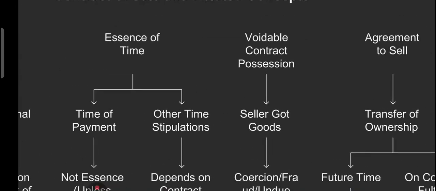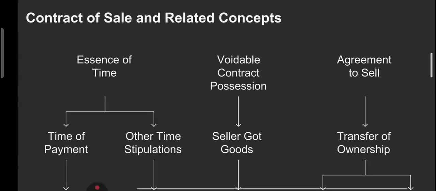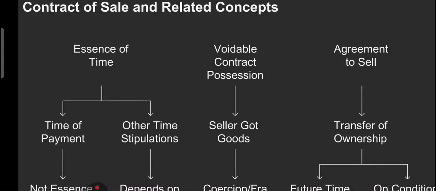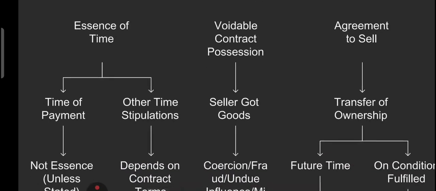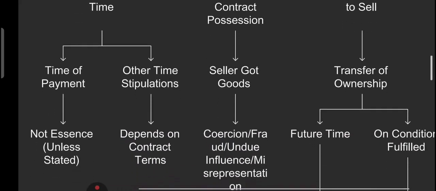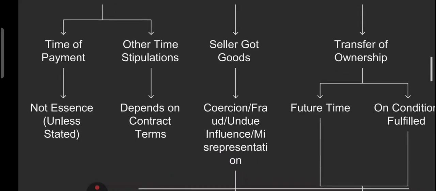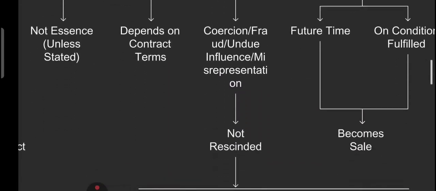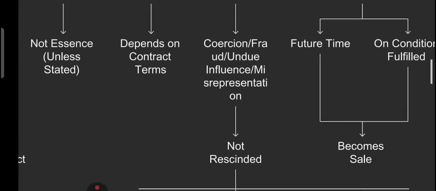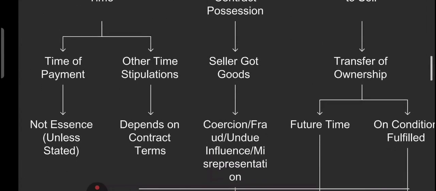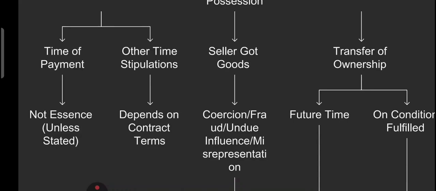Now the question is, what if the sale happened with a problem? If the seller gets possession of the goods through fraud, misrepresentation, coercion, or undue influence, right, the contract is voidable. Very, very important part. Remember, the contract is called a voidable contract if you get possession of goods through fraud, misrepresentation.